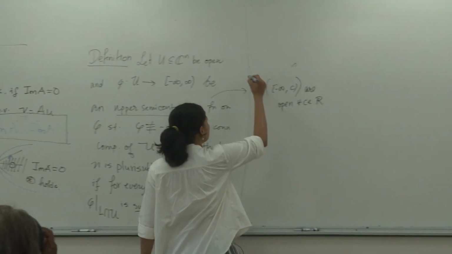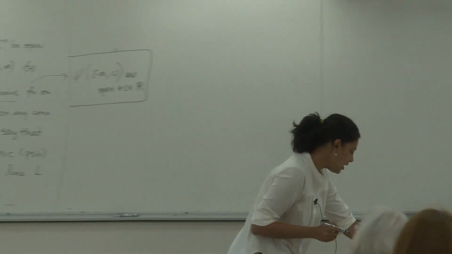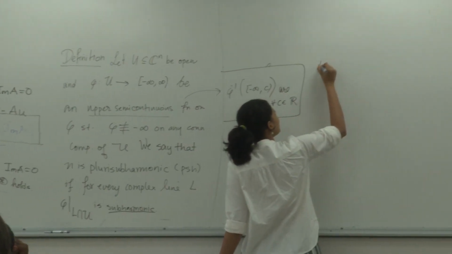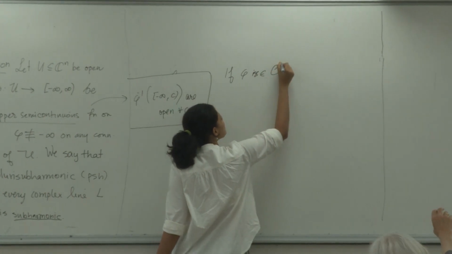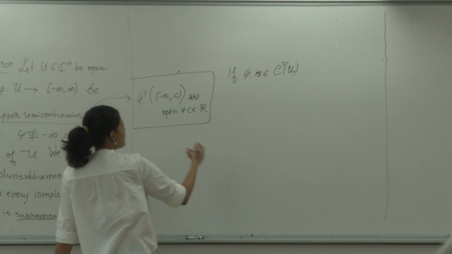And of course, with a definition like this, there is a question of testability. So let me, in addition to this, say that if phi is C2 smooth, then we have an operator that can test this for us.